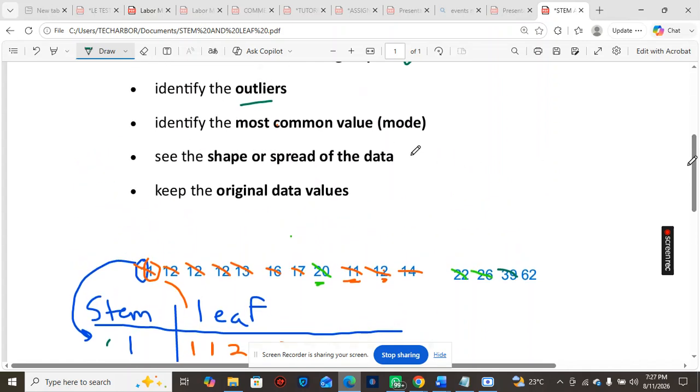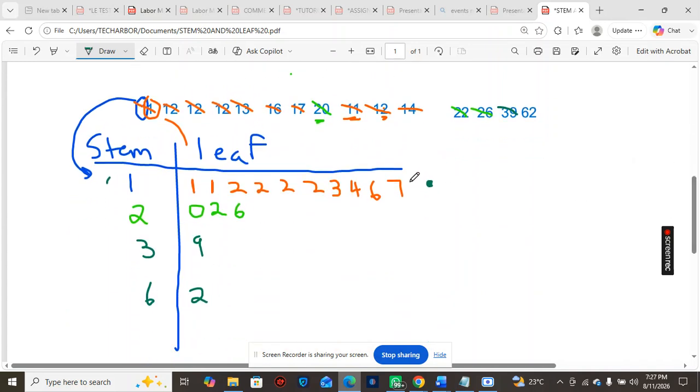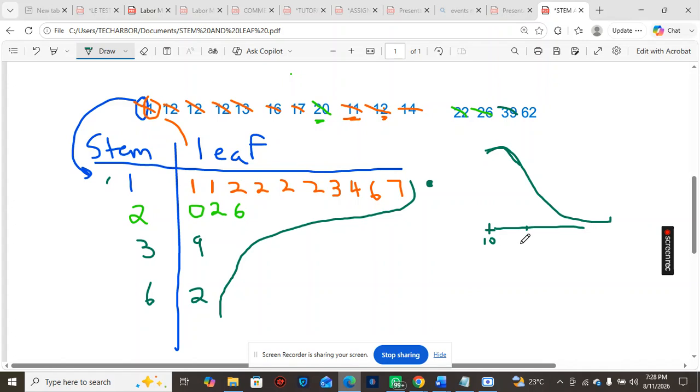It also helps us see the spread of the data. If we draw this shape and just turn it around, the shape of the data looks like this. As you can see here, colleagues, this is the shape of the data. If this was a number line, most of our data values are in the range from 10 to 20.